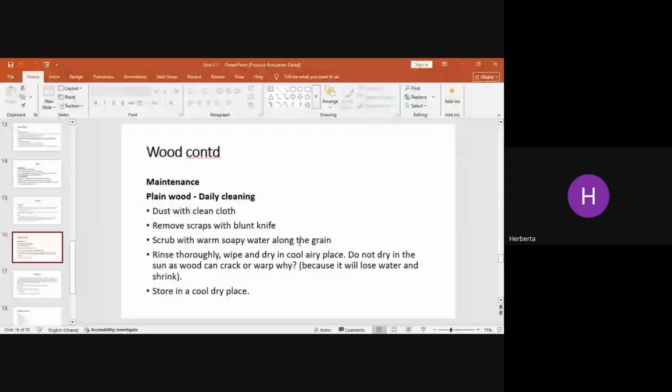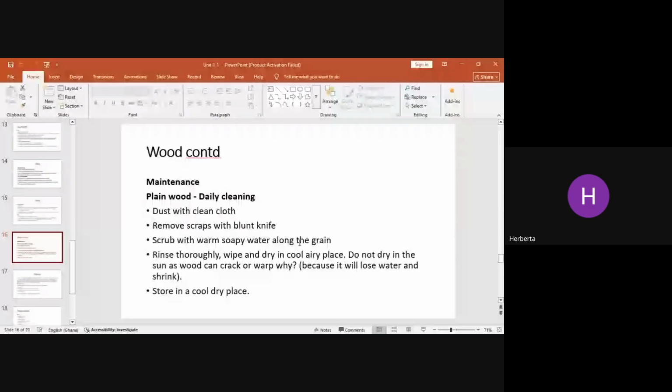You dust daily. You can dust with cloth, or when you have some scratches or some food items on it, you can put water on the item that has fallen on it for it to become soft. Then you use a blunt knife to remove it.